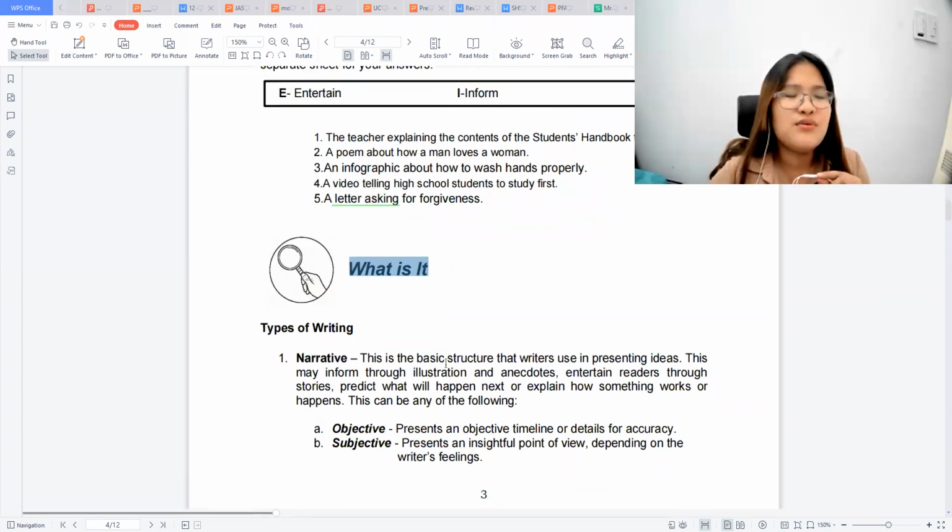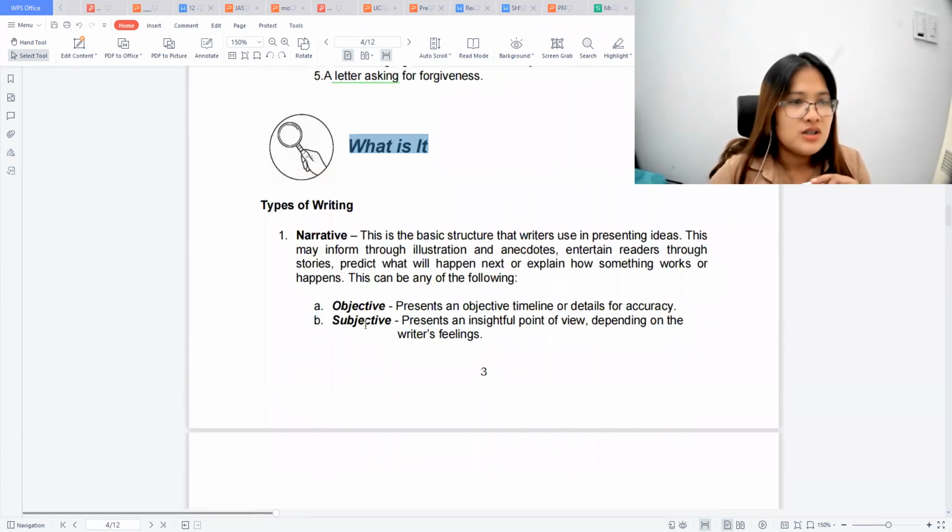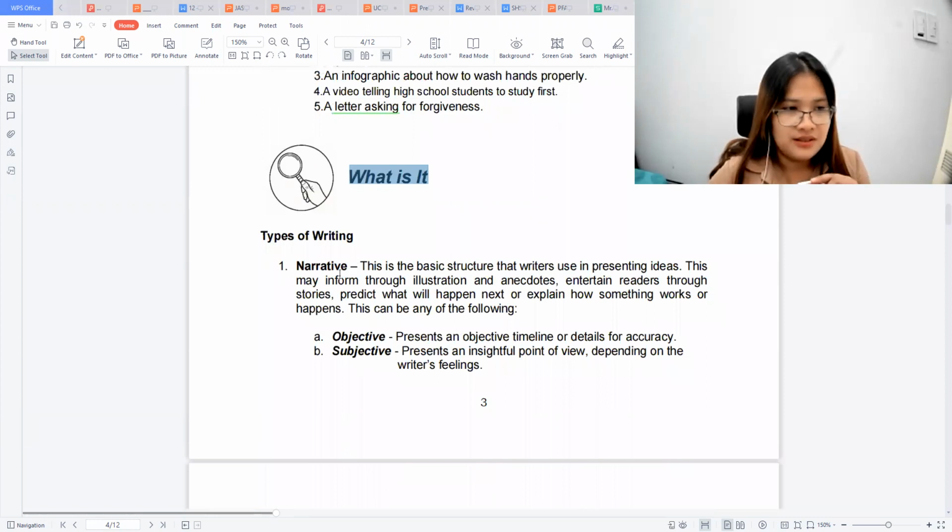So let's go to the discussion of what it is. There are different types of writing. First on the list is the narrative. Narrative, ibig sabihin nagkukwento. This is the basic structure that writers use in presenting ideas. So in the text itself, it narrates.